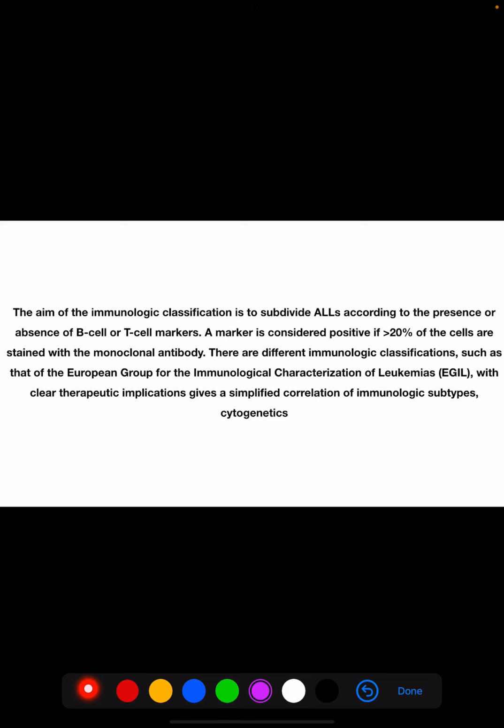What is the aim of the immunological classification? The aim is to subdivide ALLs into B cell or T cell markers. A marker is considered positive if greater than 20% of the cells are stained with the monoclonal antibody. On B cells, a few antigens are there.